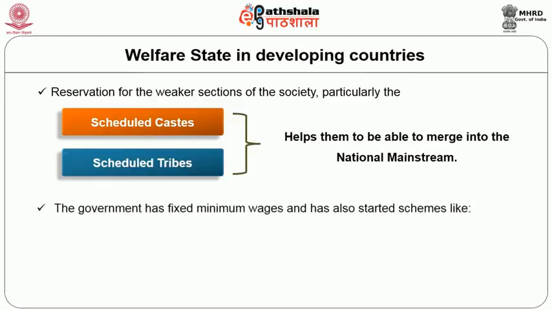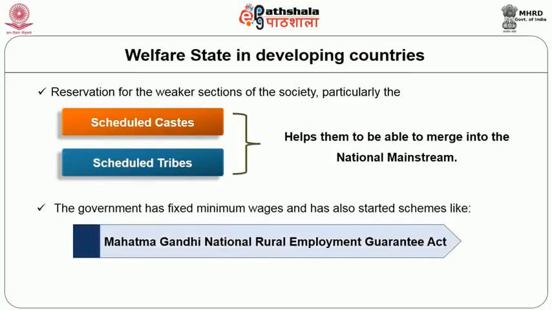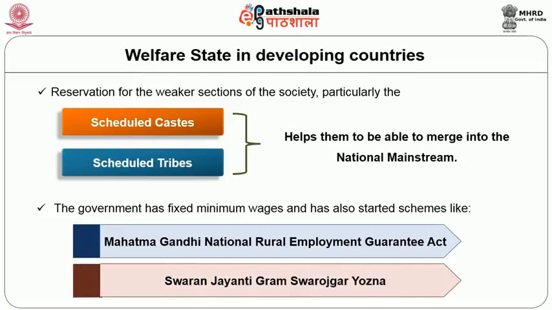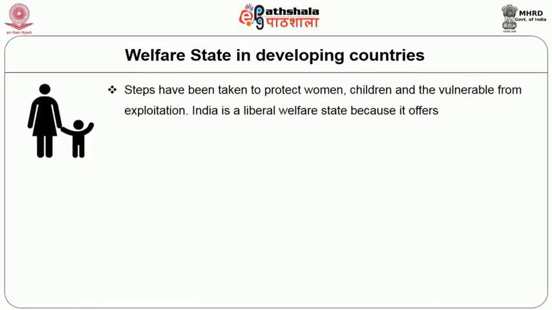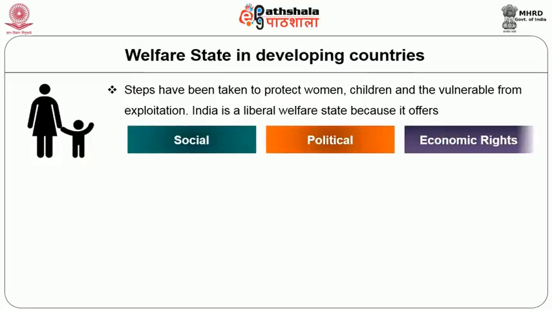The government has fixed minimum wages and also started schemes like Mahatma Gandhi National Rural Employment Guarantee Act and Swarna Jayanti Gram Swarozgar Yojana to help in rural employment. Steps have been taken to protect women, children and the vulnerable from exploitation. India is a liberal welfare state because it offers social, political and economic rights.